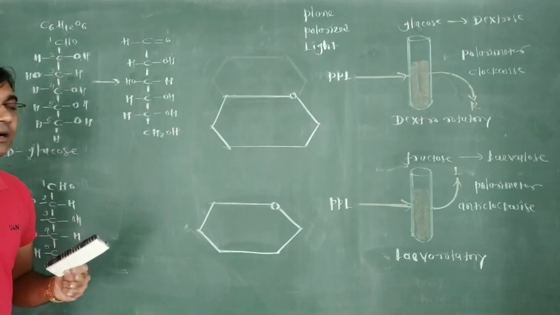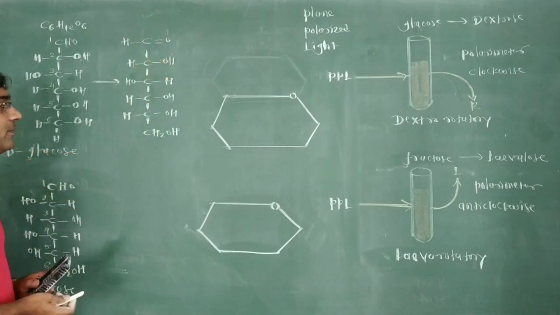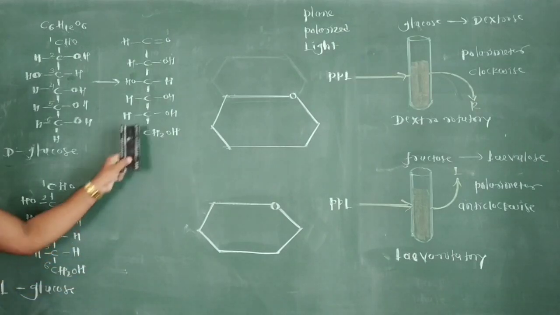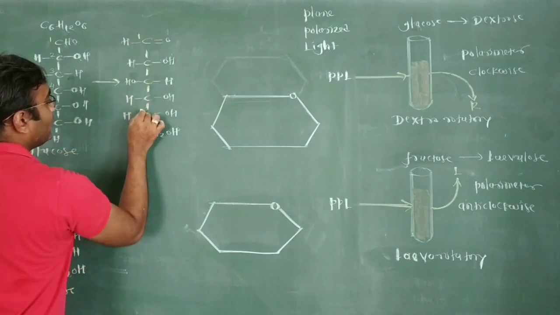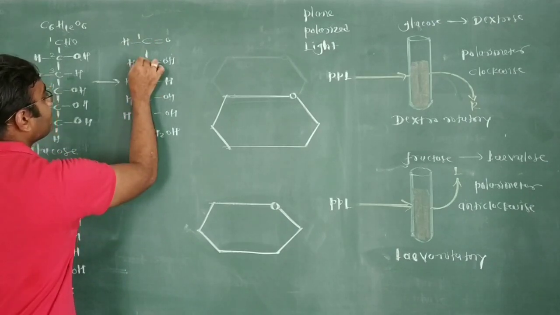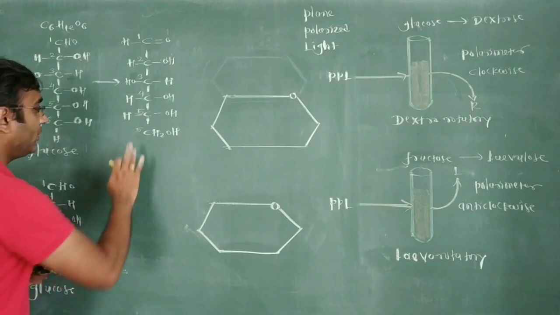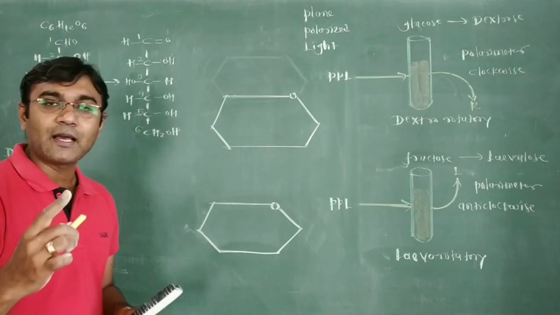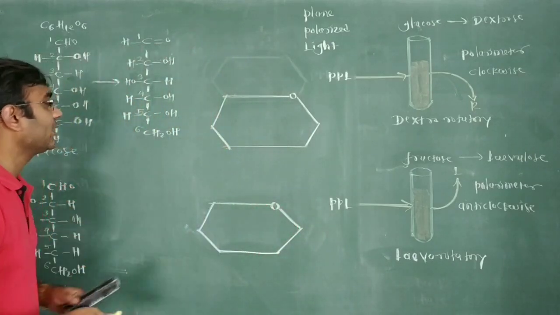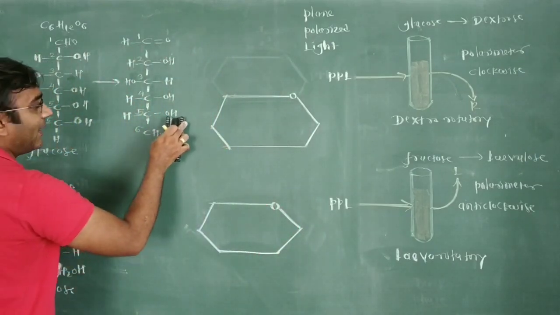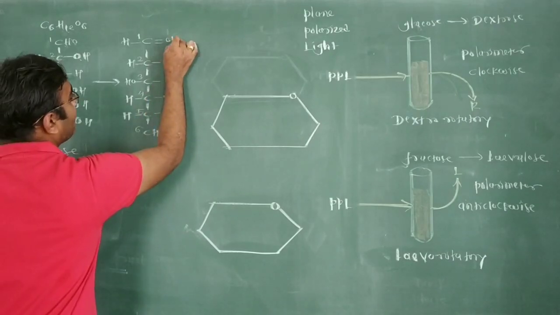A ring always forms between the carbon with the double bond to oxygen and the last-but-one carbon. So here carbon number 1 is joined to carbon number 5. The rule for preparing the ring is to join the carbon having C double bond O with the second-last carbon. Now the hydrogen from the fifth carbon shifts to the first carbon's oxygen.